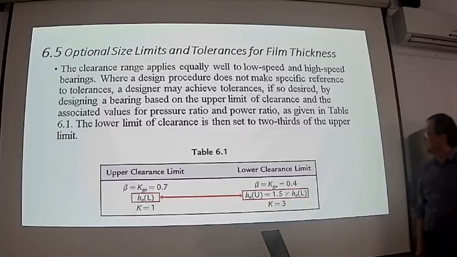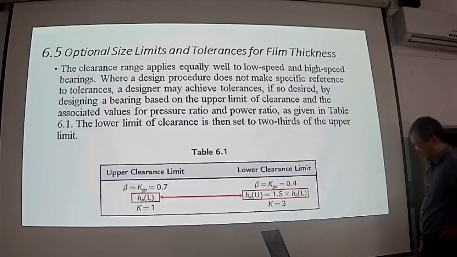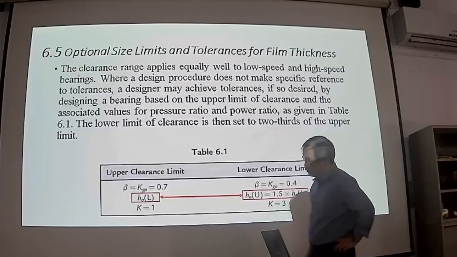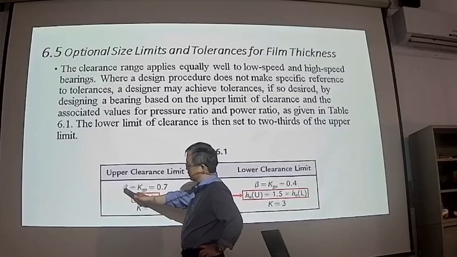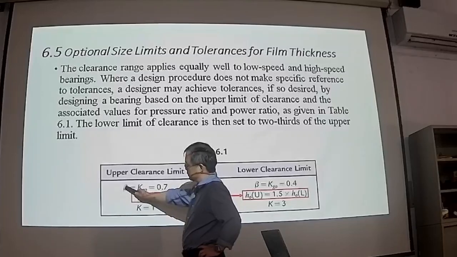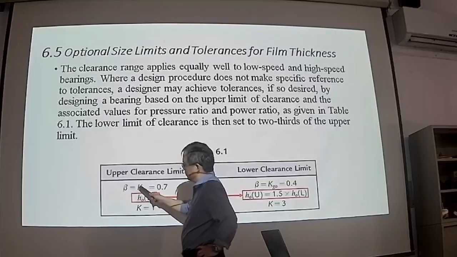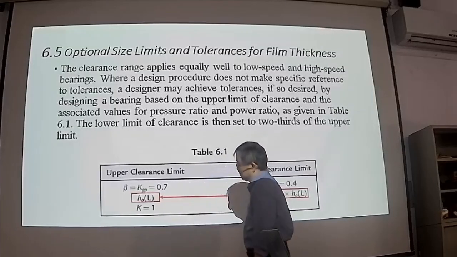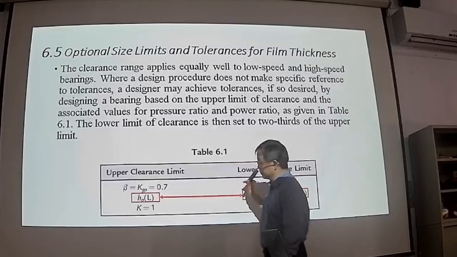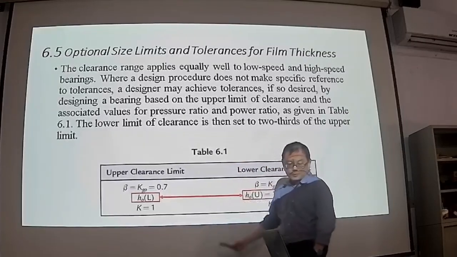Okay. So this is a pressure ratio for the hydrostatic bearing. The notation for the pressure ratio for hydrostatic bearing is beta. For air bearing, it's called the KGO. Yeah. So this is the range of that, 0.4 to 0.7.